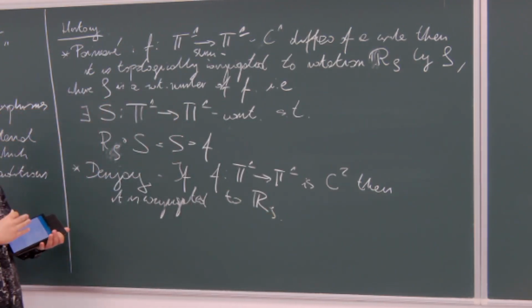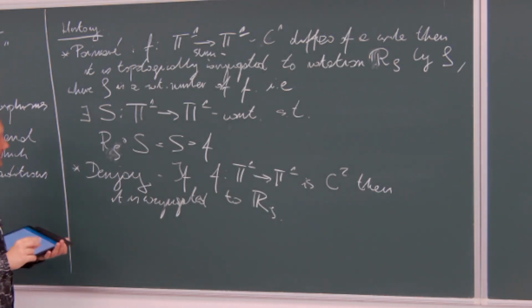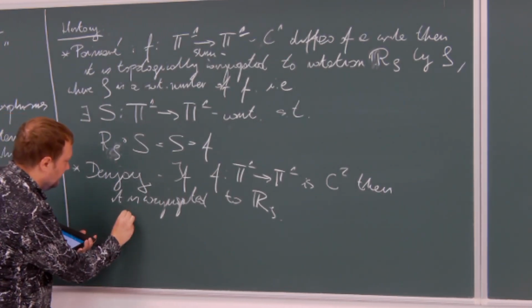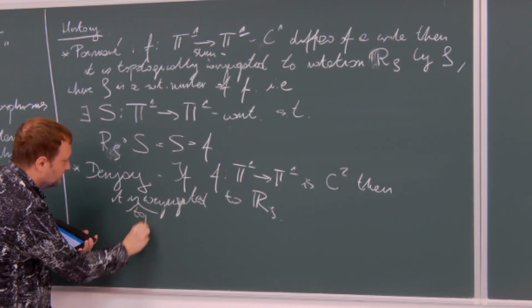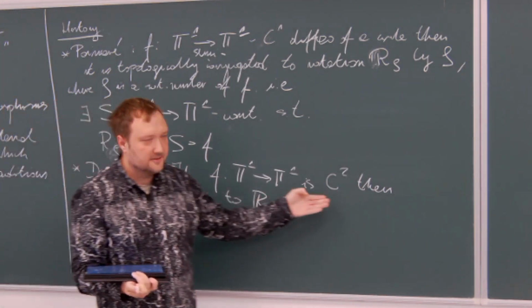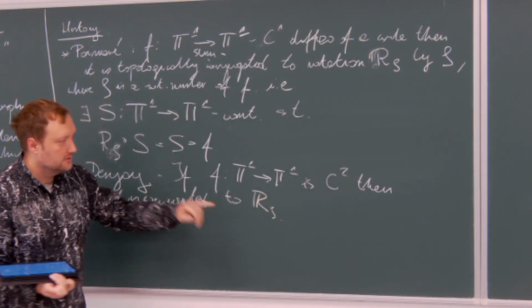I will always assume that I preserve the orientation. We don't consider orientation reversing maps over here. Okay, and here again, sorry, I'm losing the most important words. I mean topologically conjugate, right? So what you can see even from that result is that in general we will expect some drop of the regularity.